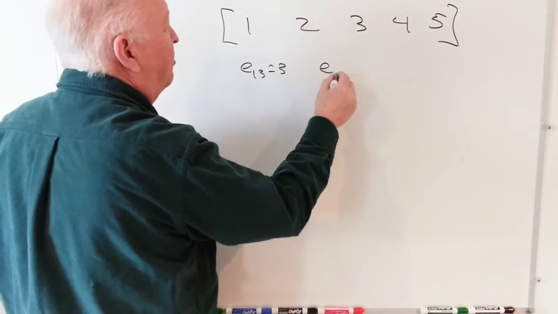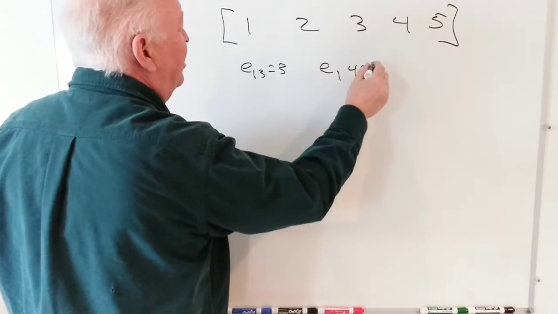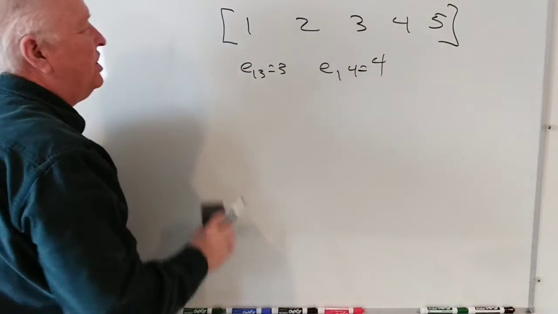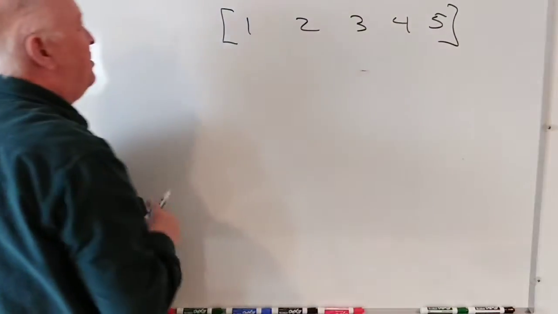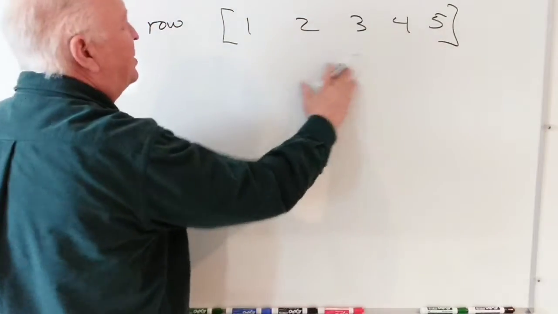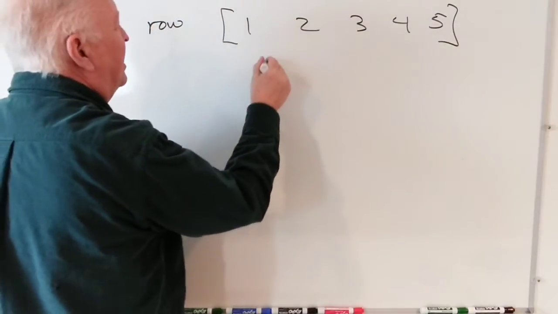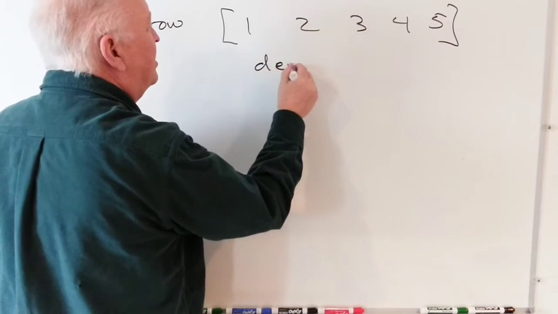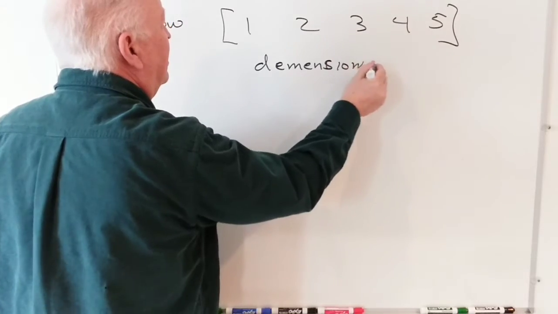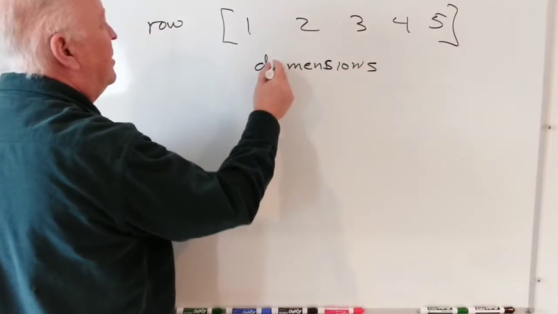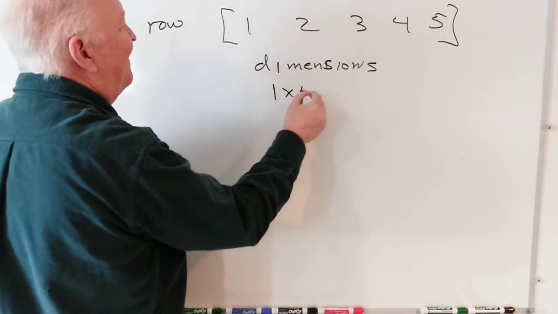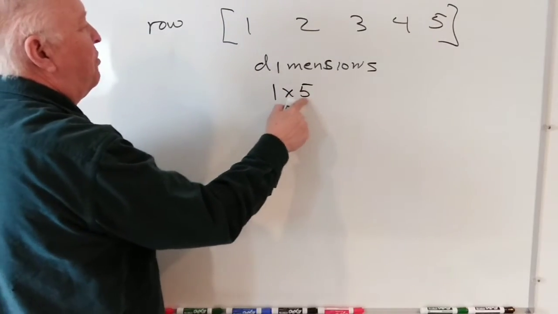Element 1, 4 is 4, because I put them in order. So this is called a row matrix, and its dimensions are 1 by 5, 1 row by 5 columns.